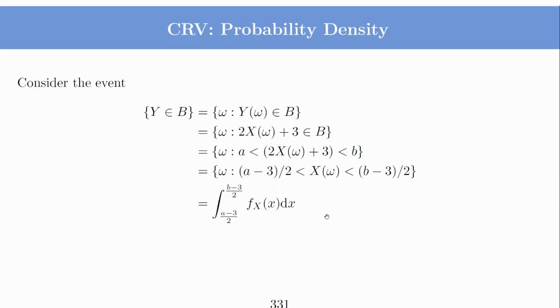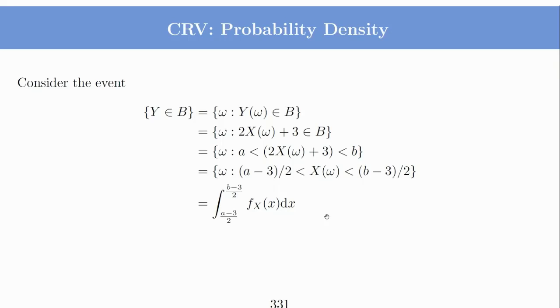Now the probability of the event that X(omega) is between two numbers c and d is equal to the integration of the density of X from c to d. When it was Y belonging to some interval, it was the density of Y. When I say the probability of all omega such that X(omega) is between two values c and d, that should be the integration of the density of X from c to d.